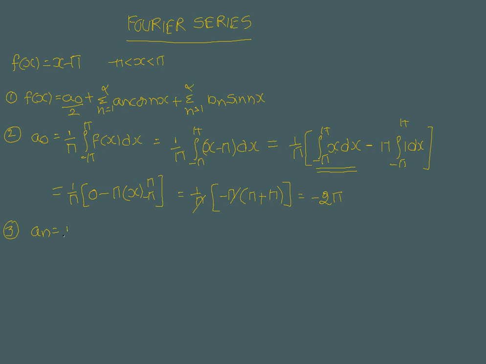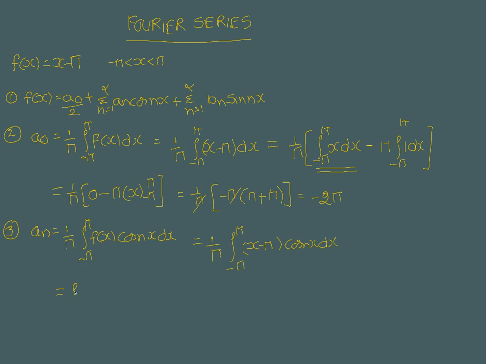a_n is equal to 1 by pi times the integral from minus pi to pi of f(x) cos nx dx. That is equal to 1 by pi times the integral from minus pi to pi of (x minus pi) cos nx dx.